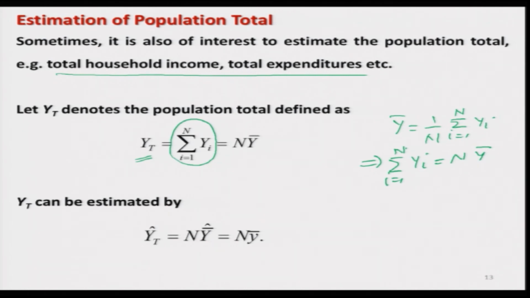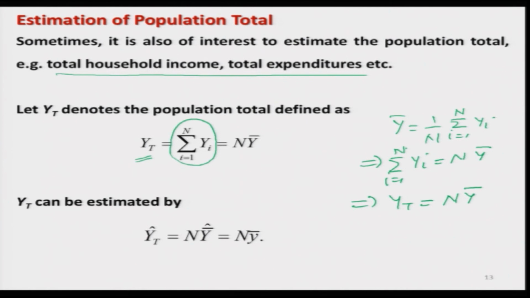So, this implies that Y_T is nothing but N times Y bar. So, using the rules of statistics, there is a one-to-one correspondence between the two parameters, Y_T and Y bar.